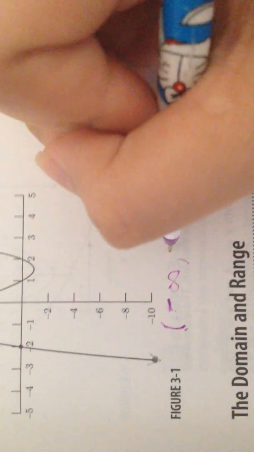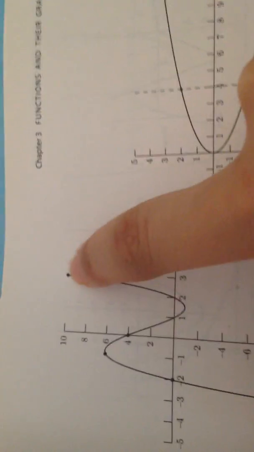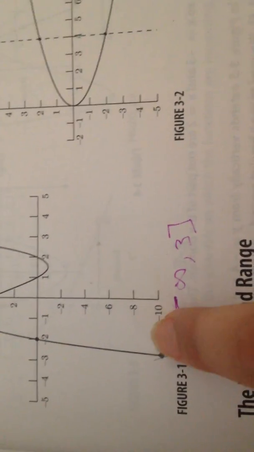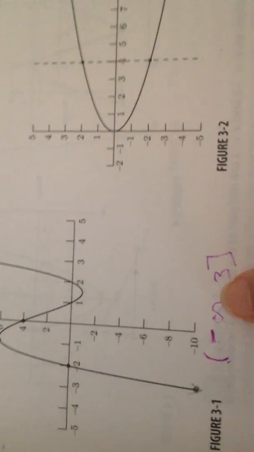I'm writing domain here. Negative infinity to 3. Okay? So brackets when it's a black dot, and then parentheses when this thing is continuous or it doesn't include this number. Okay? This is domain.